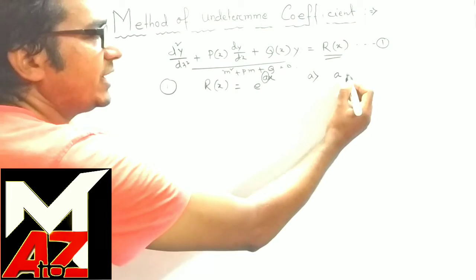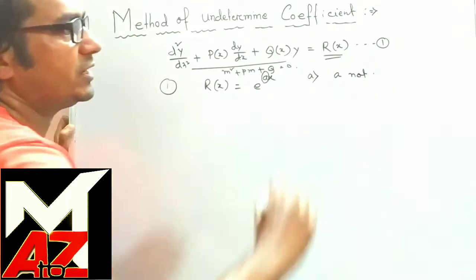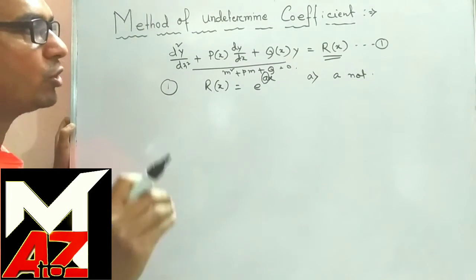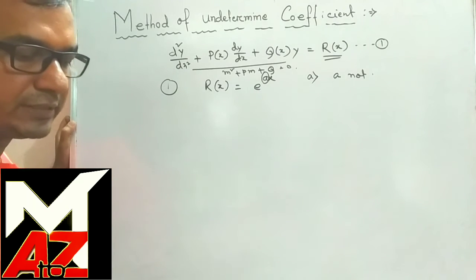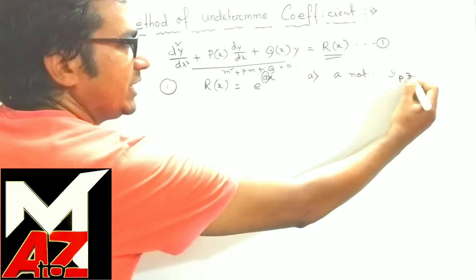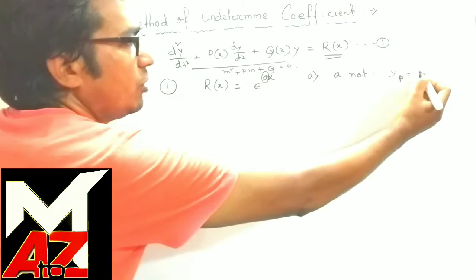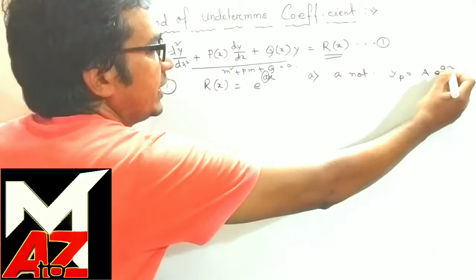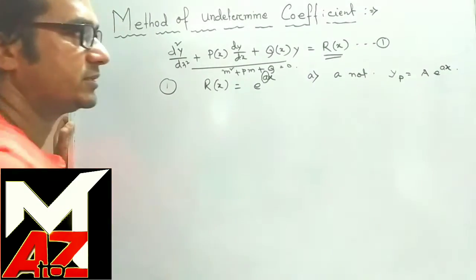If a is not a root of the auxiliary equation, then yp, that is the particular integral, is of the form A into e to the power ax, right?